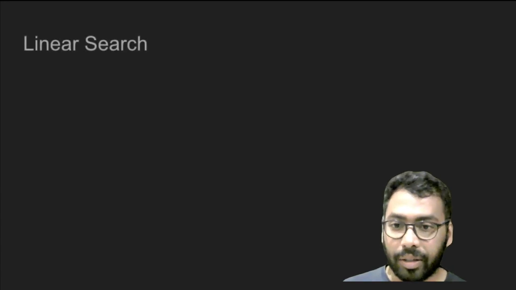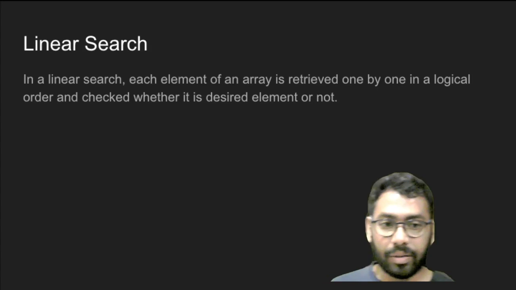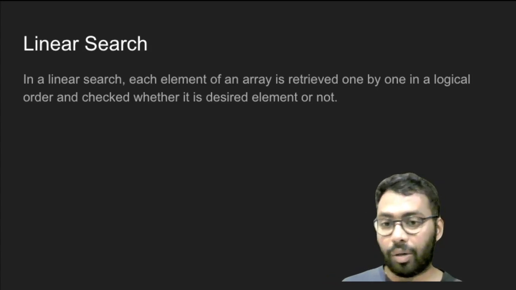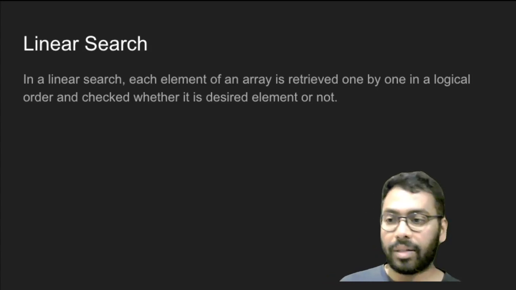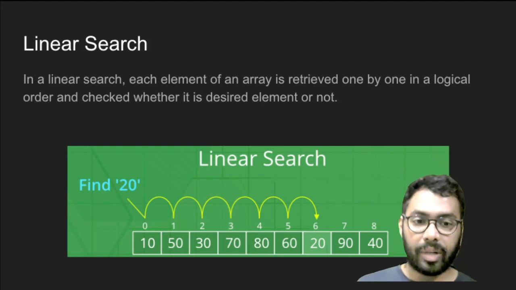All right, let's take a look at the linear search. Now, in case of a linear search, each element of an array is retrieved one by one in a logical order and checked whether it is the desired element or not. Let's take an example. Now, in this case, we have a list of elements present in the memory.